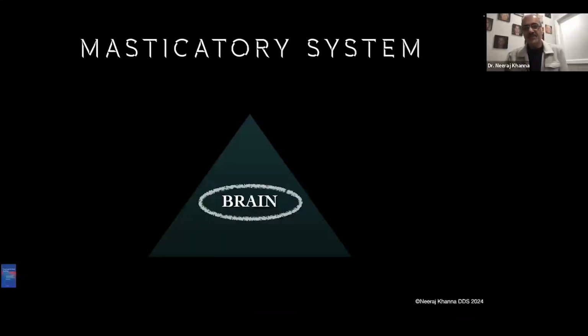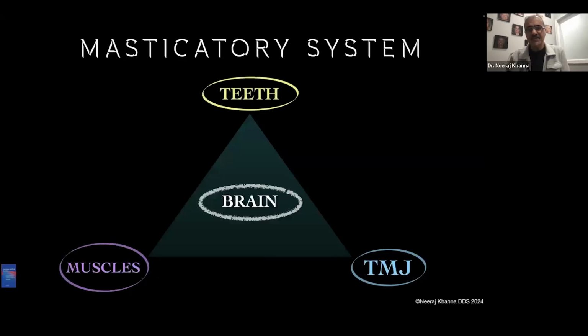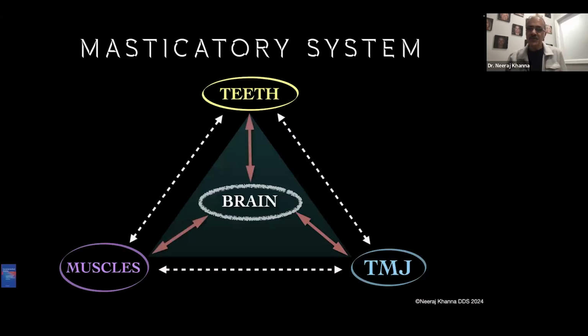I want to review the masticatory system with you all, because this is what Pete has preached to us so profoundly. And I want to kind of simplify this for you. You've got teeth, muscles, and the joints. There is communication between all of these components to the brain, but there's also communication between all of these components as well.